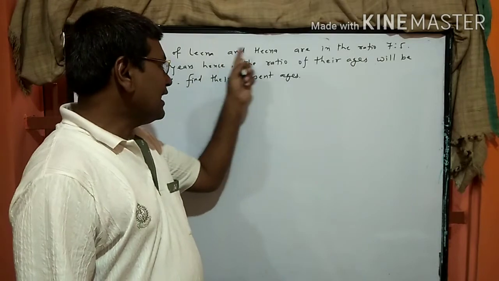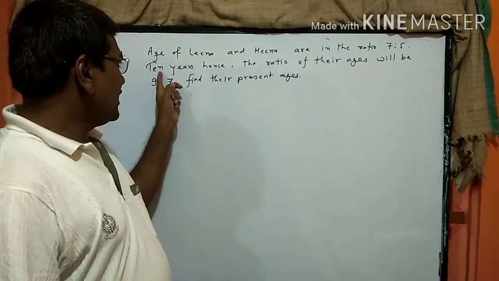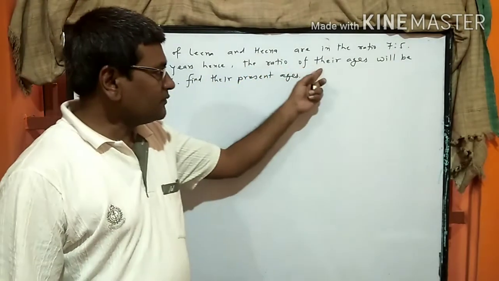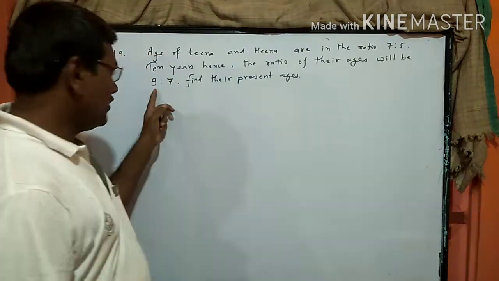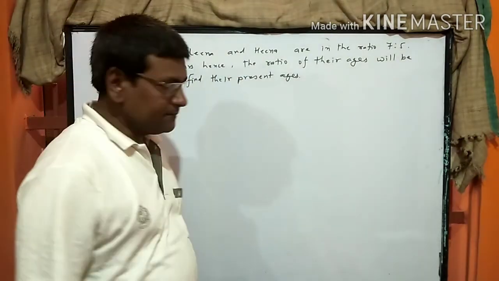Question number 19. Age of Leena and Hina are in the ratio of 7:5. After 10 years, the ratio of their ages will be 9:7. Find their present ages.